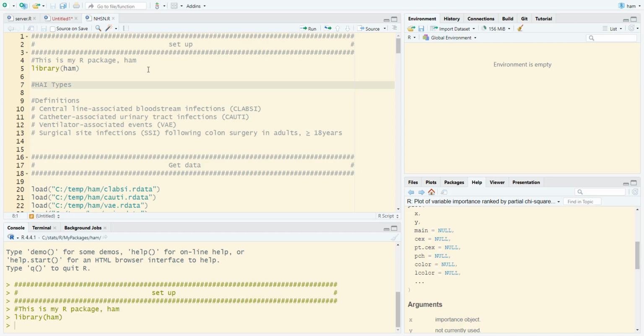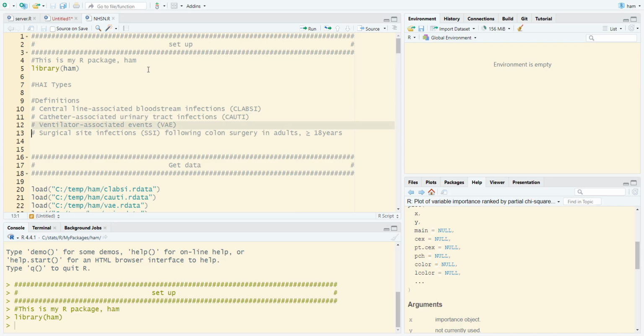We're going to look at different HAI types. Those are hospital-acquired infections, sometimes also referred to as incidents if it's a broader description of data. For the definitions of our outcomes, or for the different types of infections, we have central line associated bloodstream infections, commonly referred to as CLABSIs. We'll also look at catheter-associated urinary tract infections, CAUTIs.